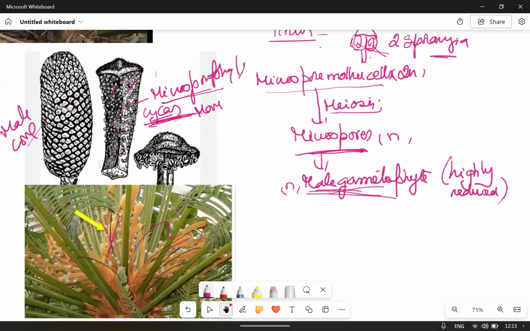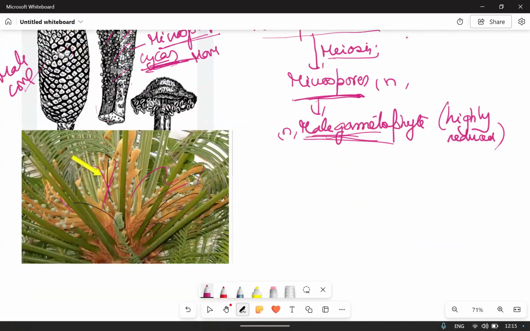Now, the male gametes which are produced by the male gametophyte, are they motile? In the case of Cycas, those are motile. That's why you can see zooidogamous type of oogamy in the case of Cycas, as well as Ginkgo.